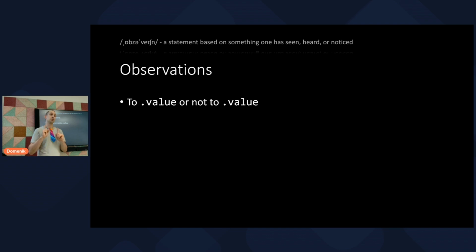Well, you cannot do it in a template, because if you do dot value in the template, it will scream at you that it's not available. So that is something that a Vue developer has to keep in mind. A Svelte developer with runes and a Svelte developer without runes doesn't have to.